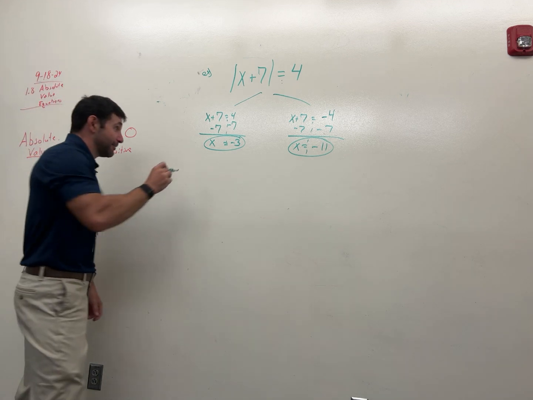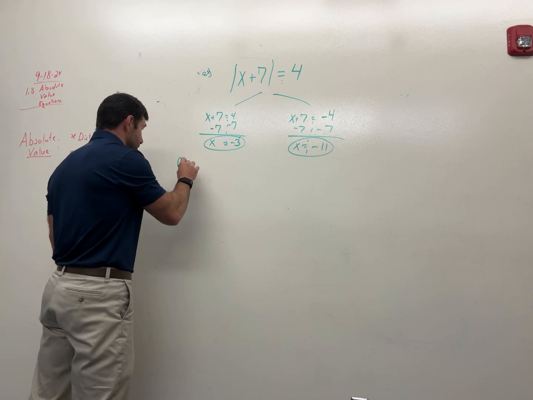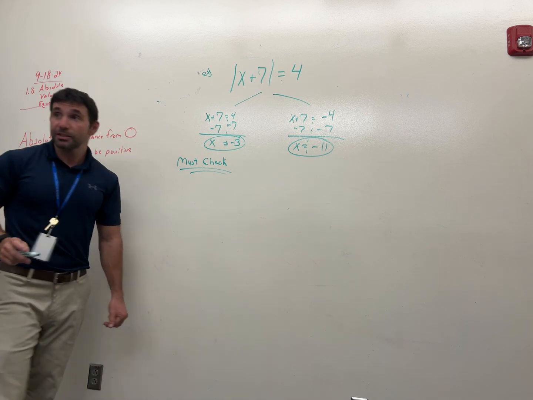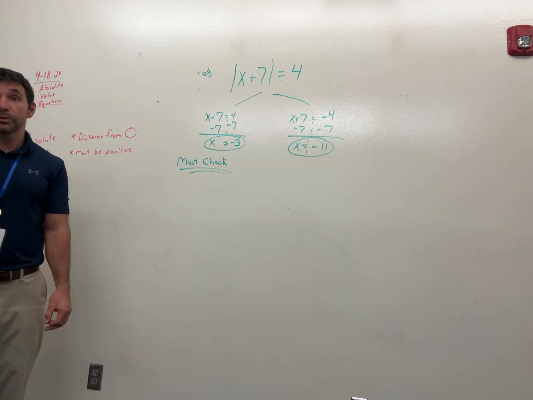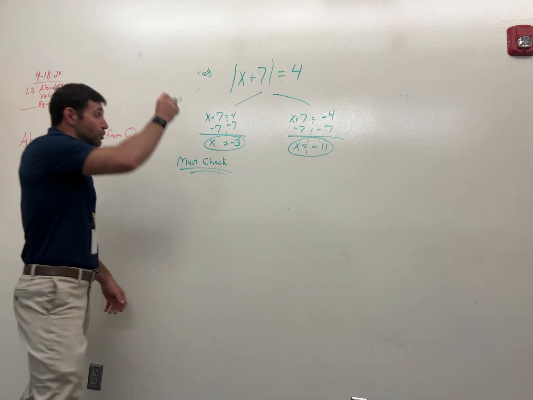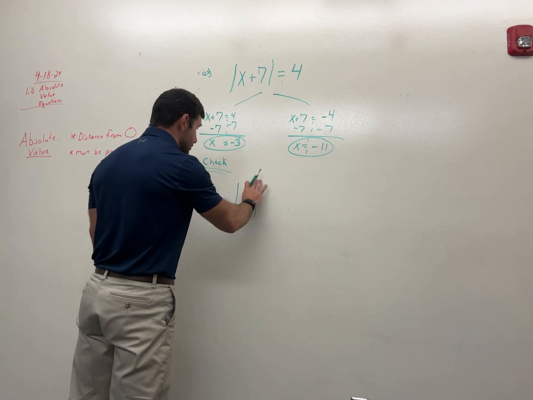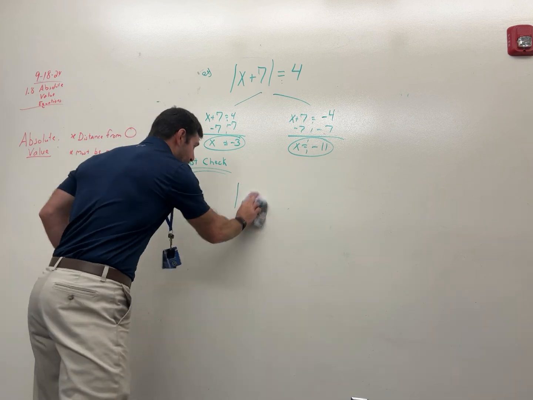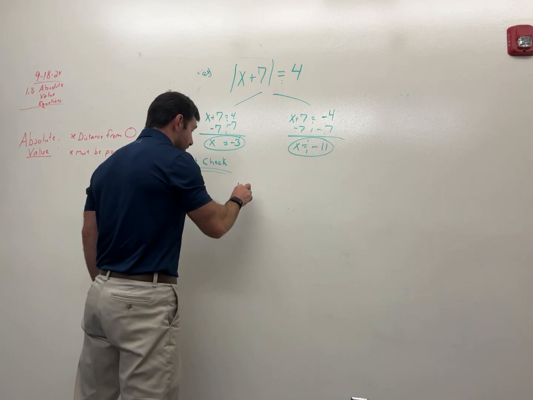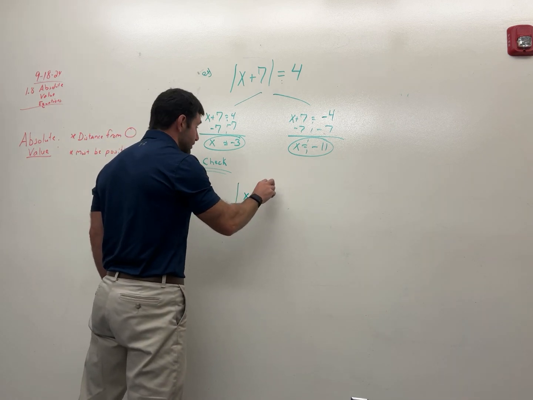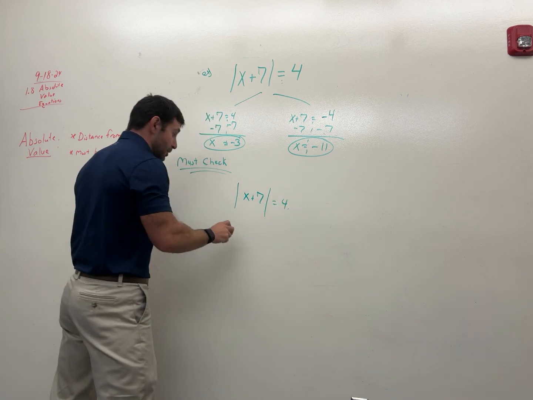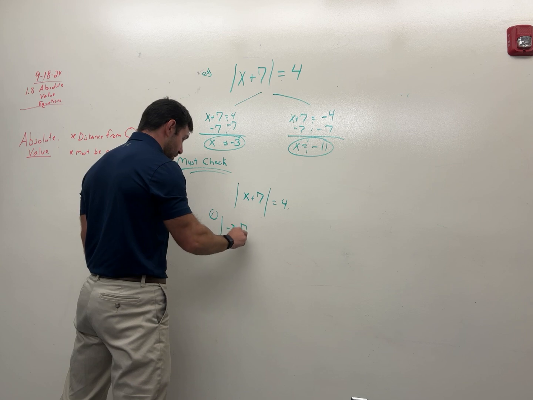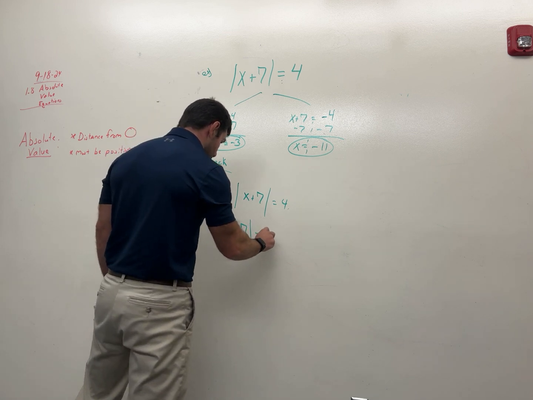Then you must check. What do I mean by saying you must check? You must substitute them back into the original. So we have x plus 7 equals 4. So version 1 is -3 plus 7 equals 4.